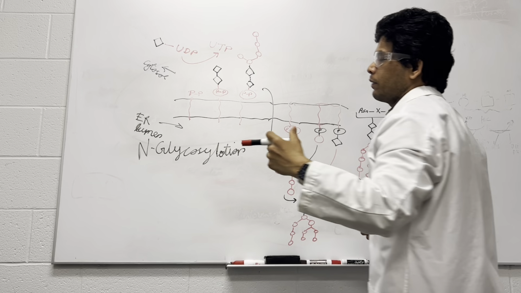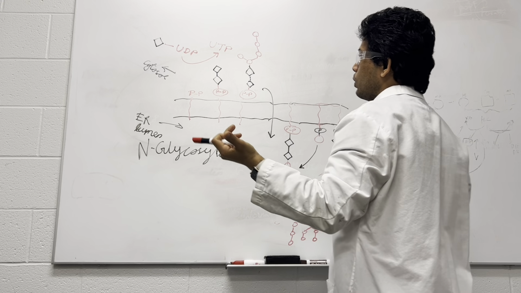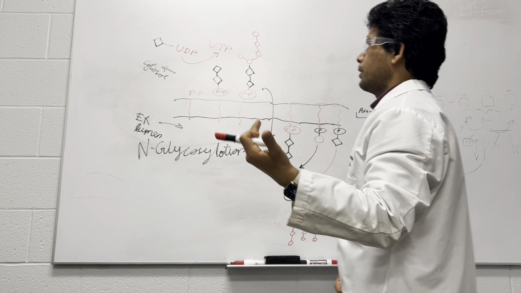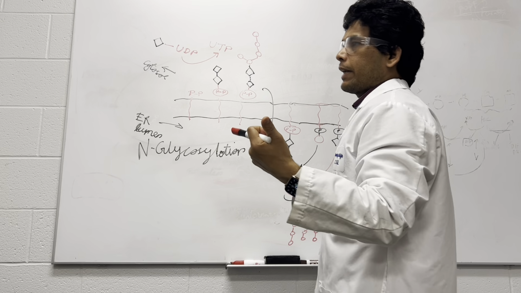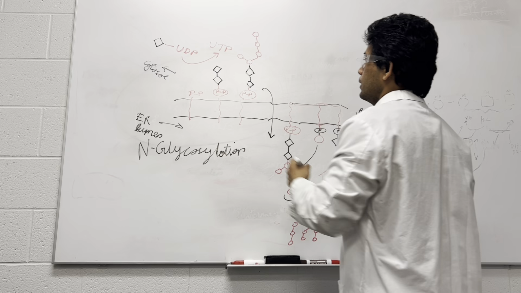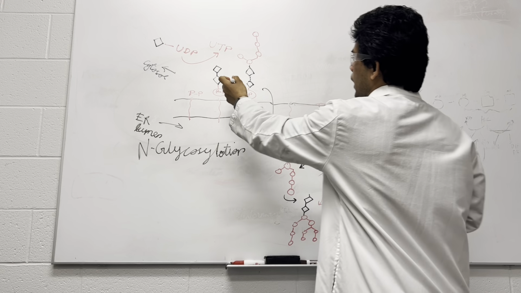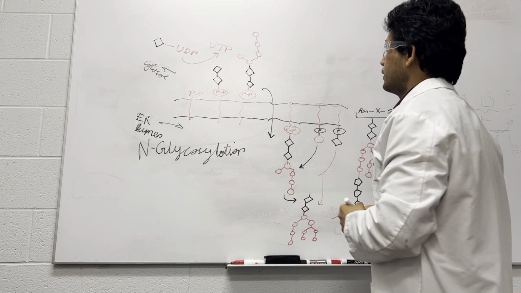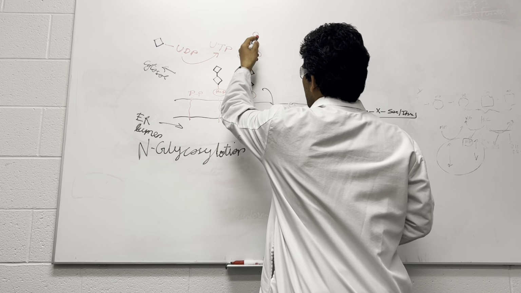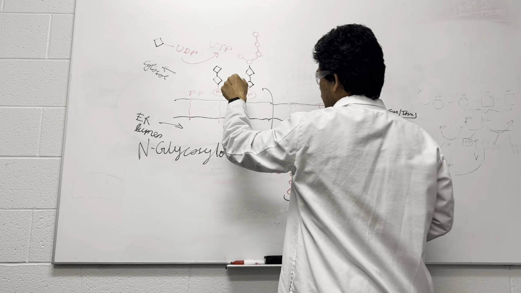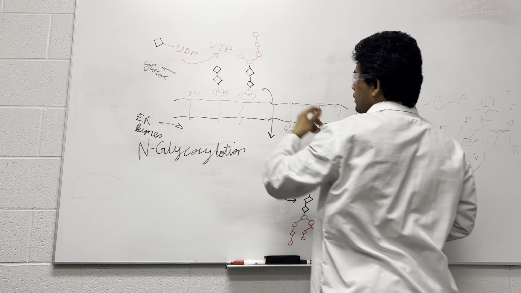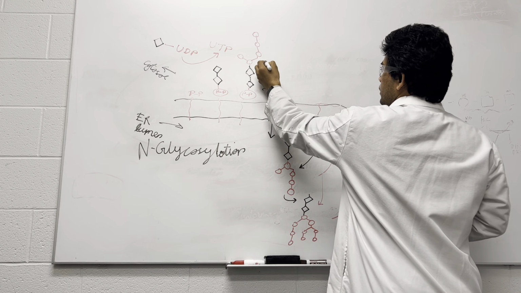UDP is very flexible. It can carry N-acetylglucosamine, mannose, fucose, and some other monosaccharides. After the addition of the 2 N-acetylglucosamine, addition of 4 mannose occurs in the cytosol part. This usually occurs with the help of GDP.